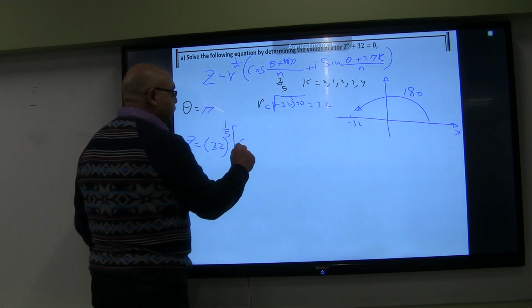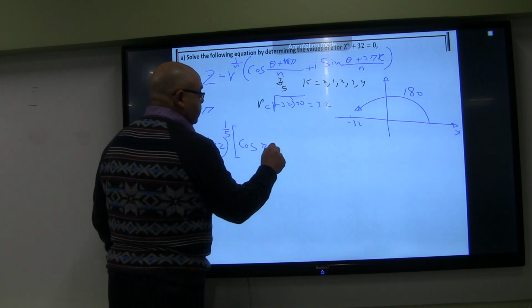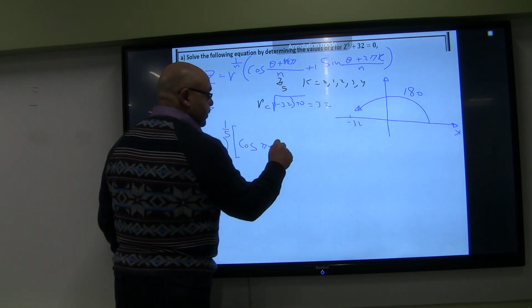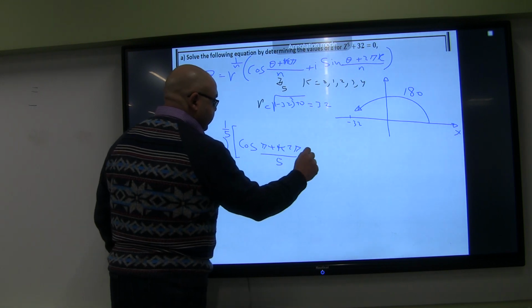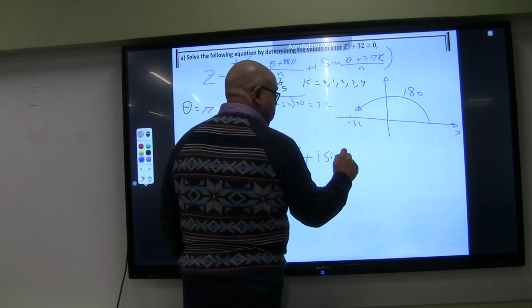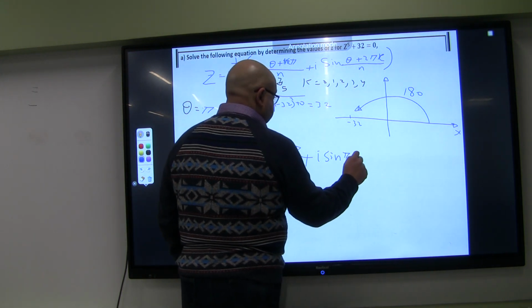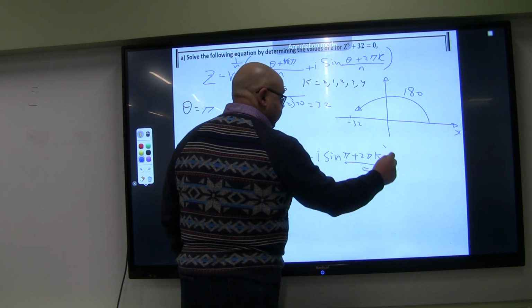So z will equal 32 to the power of 1 over 5, open your bracket, cosine of pi plus k times 2 pi over 5, plus i sine of pi plus 2 pi k over 5.